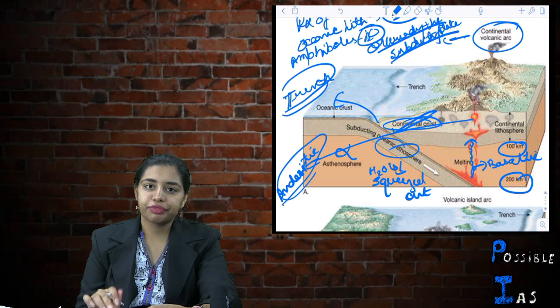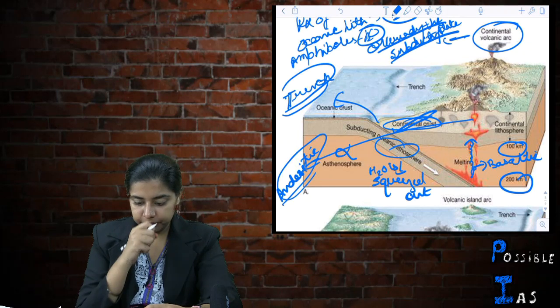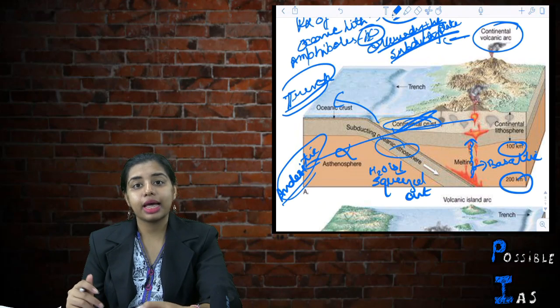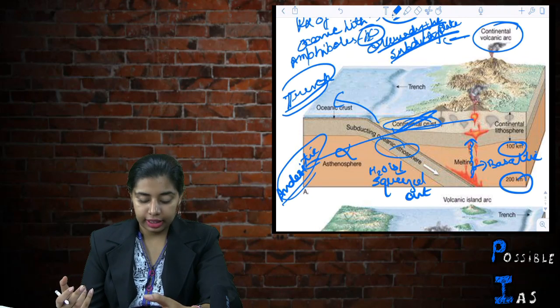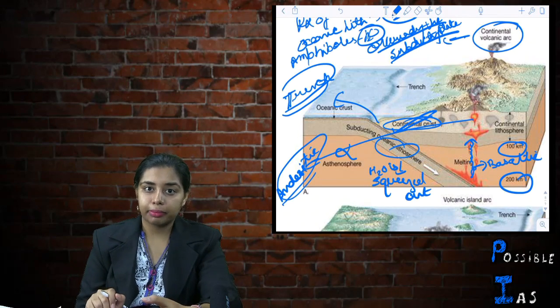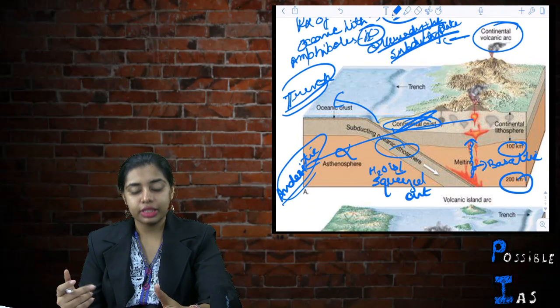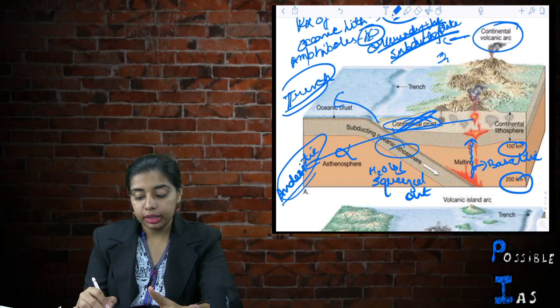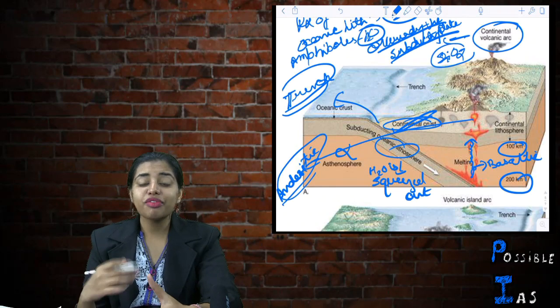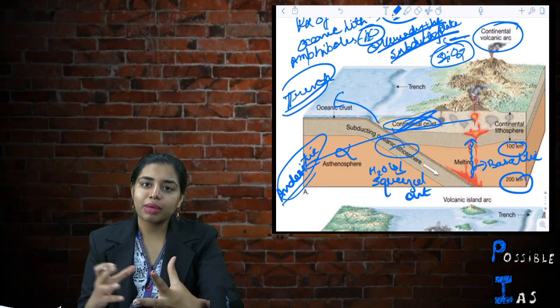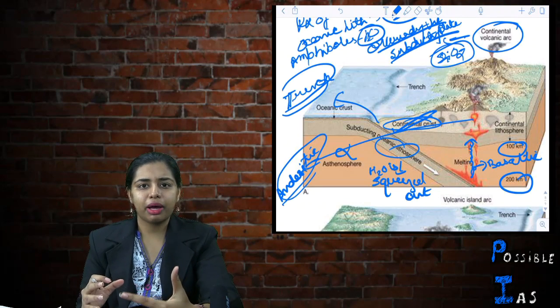The basic difference between basaltic magma and andesitic magma is that basaltic magma has a lesser amount of silica compared to andesitic magma. Magmas which have a high amount of silica, that is SiO2, are very thick, since the silica bonds are very strong, whereas basaltic magmas are fluid.